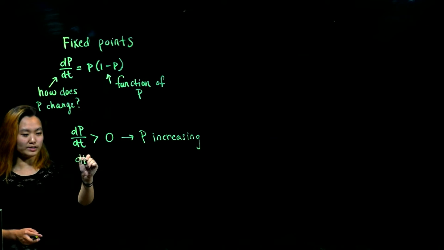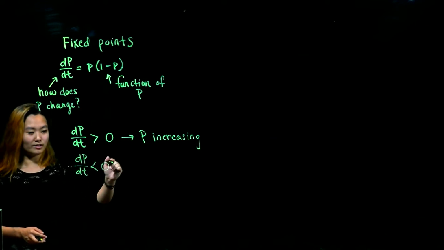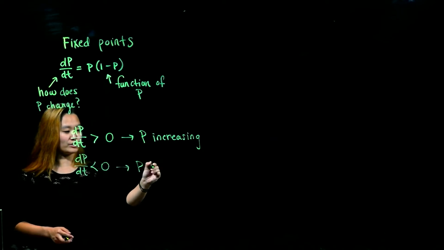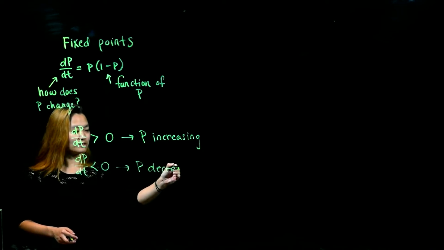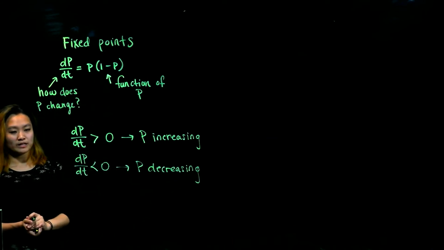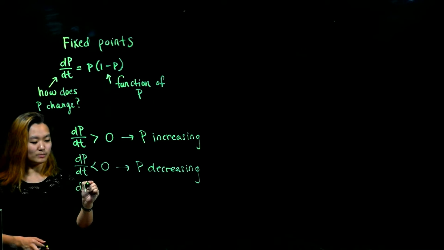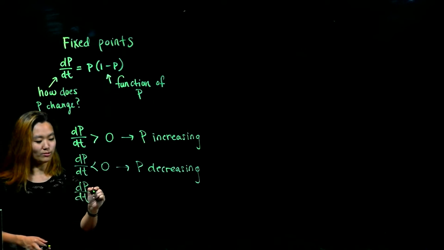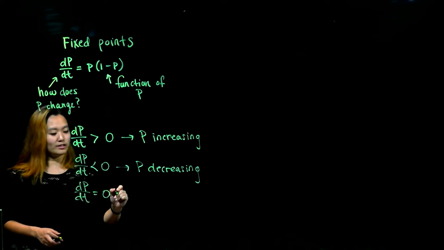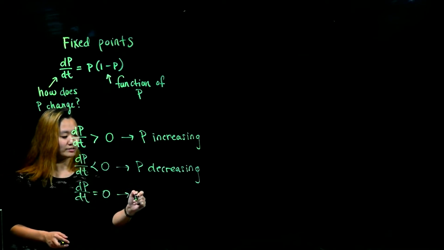Conversely, for dp/dt less than 0, this tells us that population is decreasing. And many of you already know that there is a third case, dp/dt equals 0. In this case, there is no change in p.